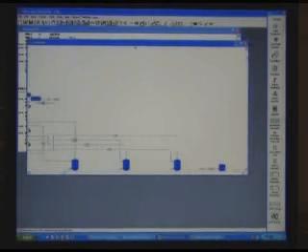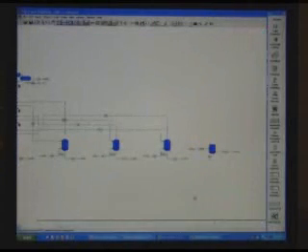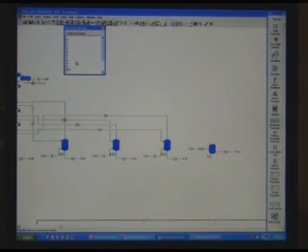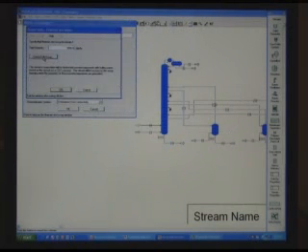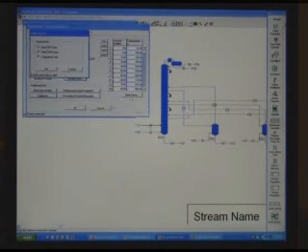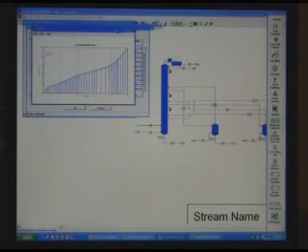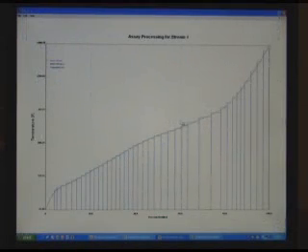Go back here. Here's my feed. If you look at the curve here, good, all right, that looks pretty good. This is a temperature axis, and this is a percent distilled.